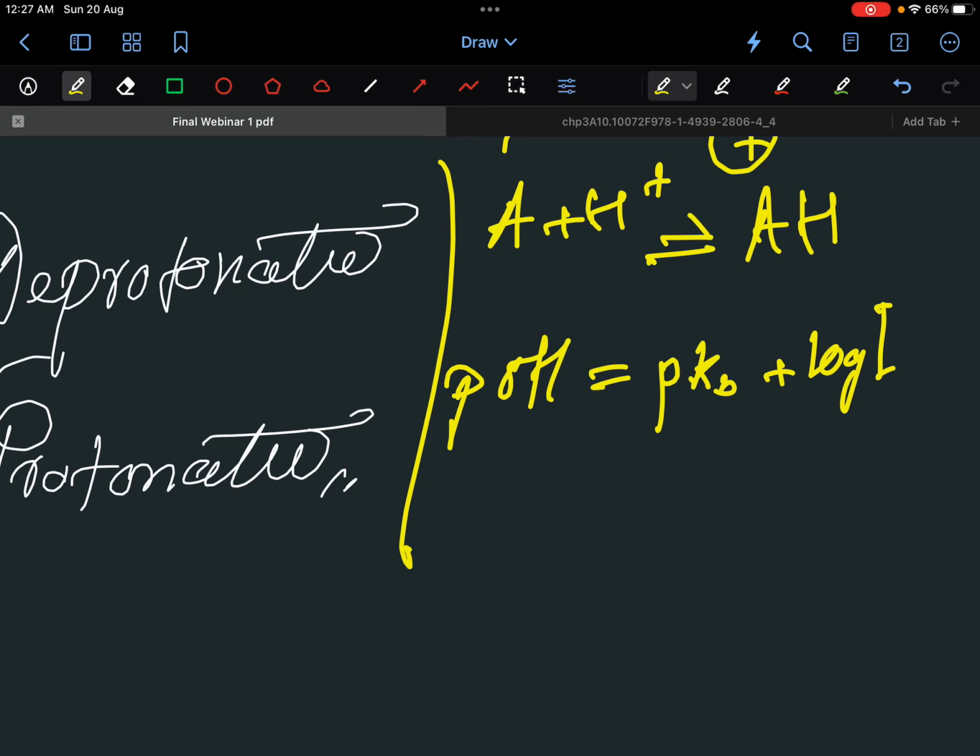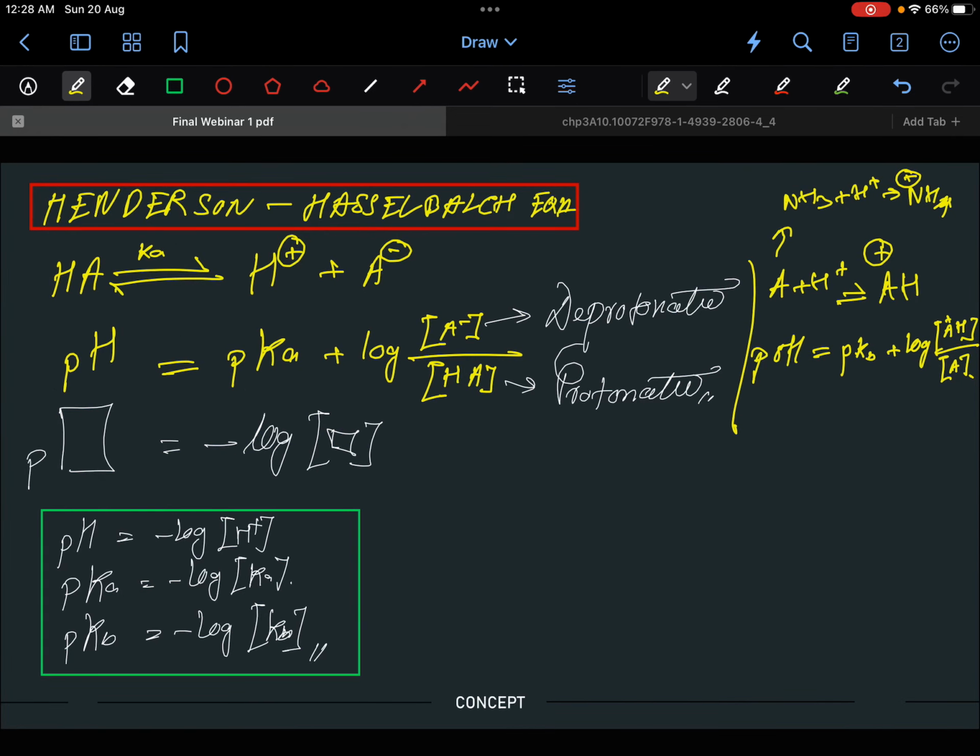What will be in the denominator and the numerator? Again, it will be AH plus, the protonated form, divided by A. It is a very good way to remember it.